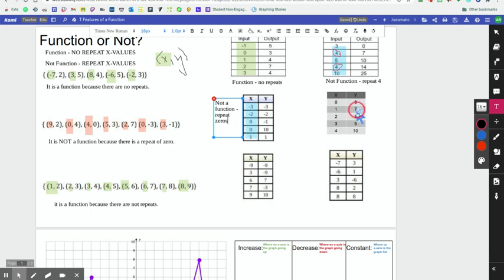What about this gray one over here? Why is it a function?